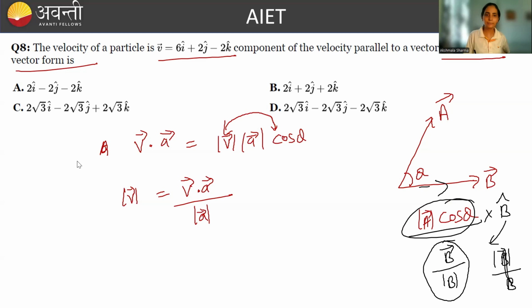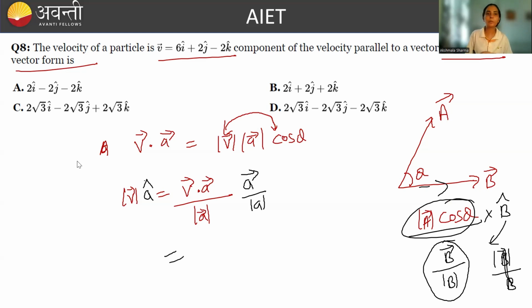Done it? So to write it in vector form, we need to write the unit vector in the direction of A, and the unit vector in the direction of A can be written as vector A by modulus of vector A. Done. So this is going to be our answer.